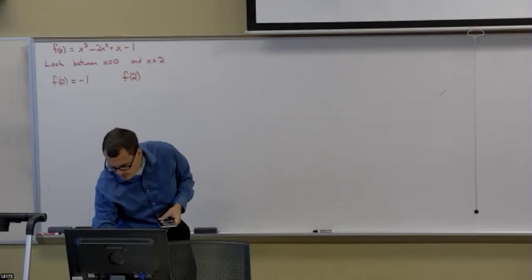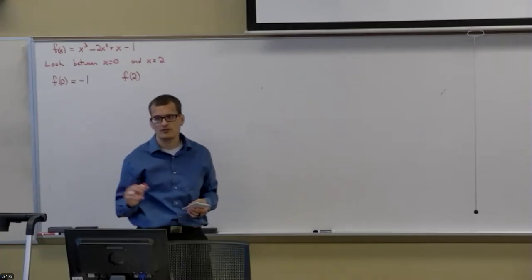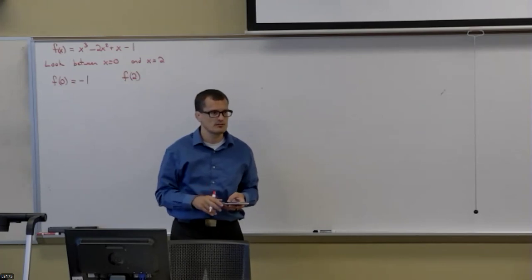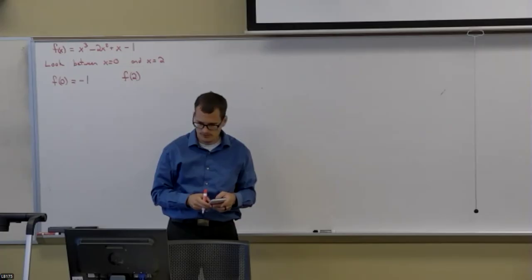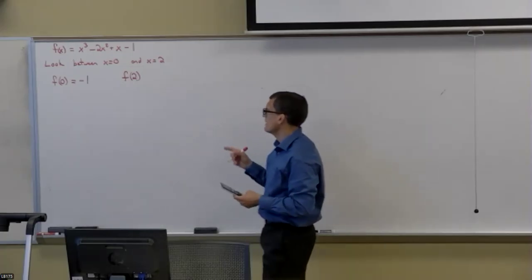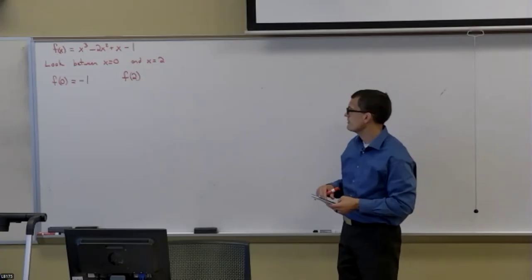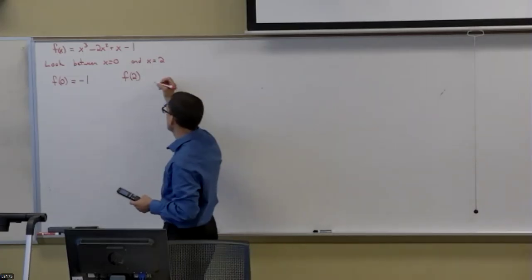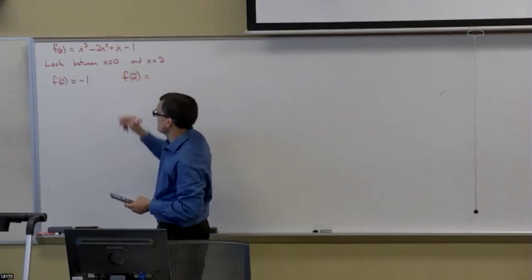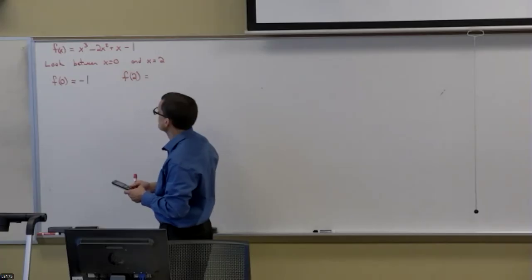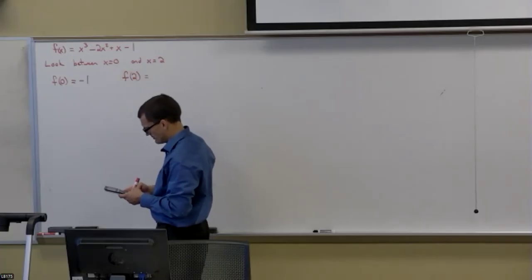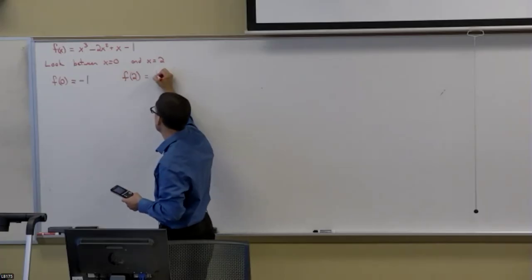Here it's right on the notes. Oh, my bad. That should have said minus 2x squared on the notes. Let's keep it that way. That's why we have 4 terms. So we have 2 raised to the third power minus 2 times 2 squared plus 2 minus 1. That gives me a positive 1.